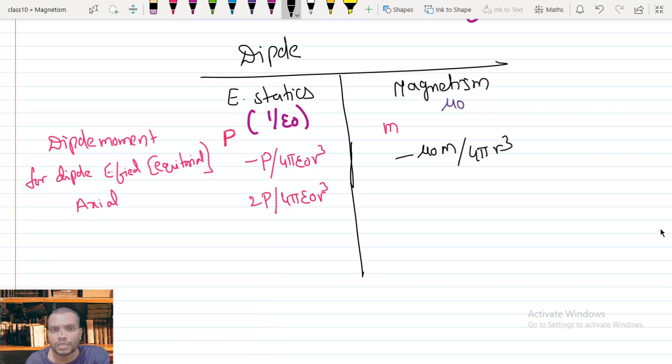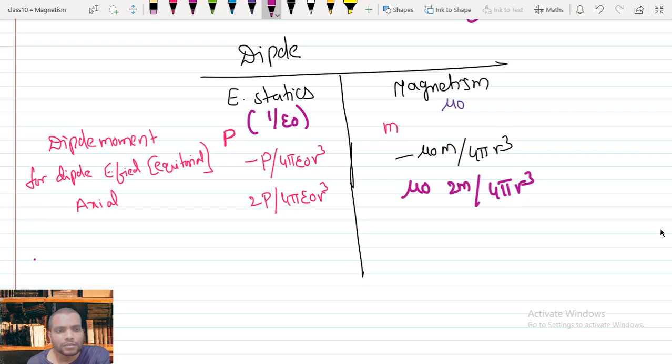But for the same concept in magnetism, this turns into mu naught times 2m upon 4 pi r cube. Both have the same formula, but only the dipole moment and the constants, 1 over epsilon naught and mu naught, change.